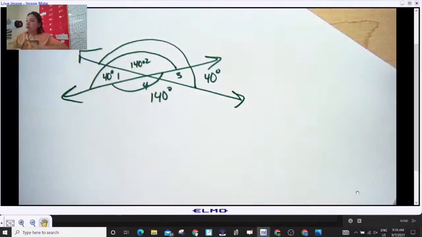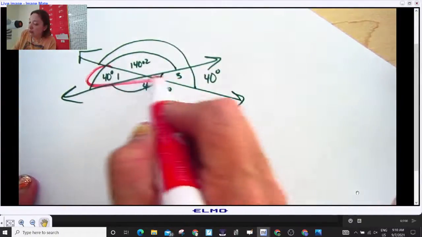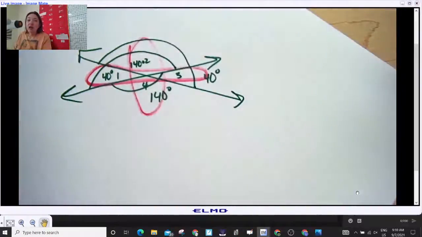Do y'all notice anything? What's congruent? 1 and 3 is congruent, and 2 and 4. So 1 and 3, and then 2 and 4 are angle pairs that have a special relationship, and they have a special name.